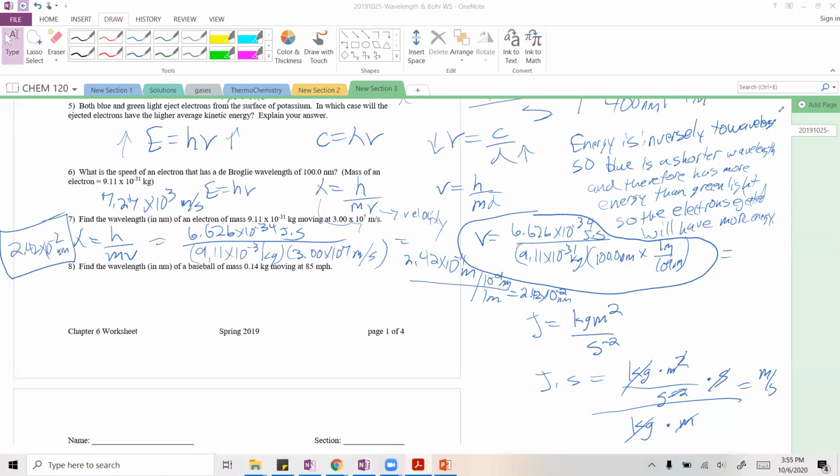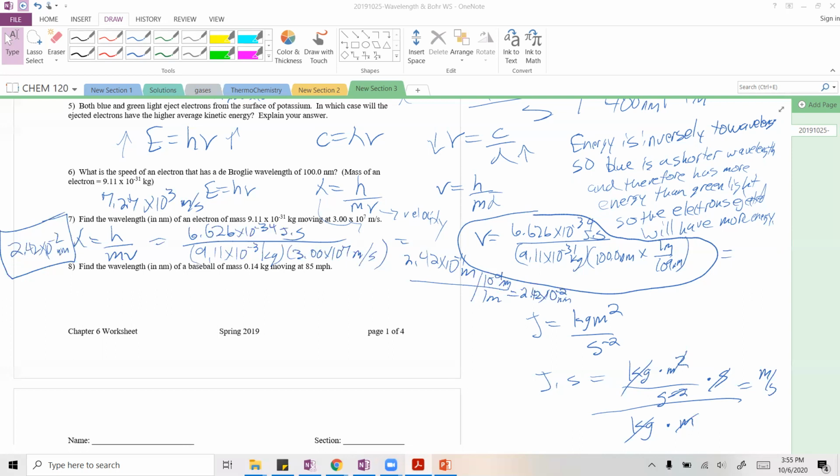Okay. Let's look at part 8. Find the wavelength in nanometers of a baseball of mass 0.41 kilograms moving at 85 miles per hour. Oh, so that is a lot. So we got to do quite a bit of conversions there in order for us to move that along.